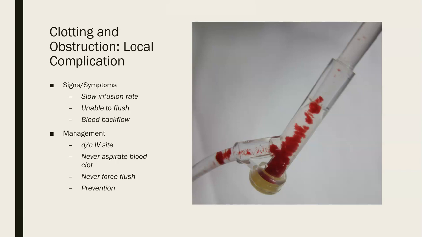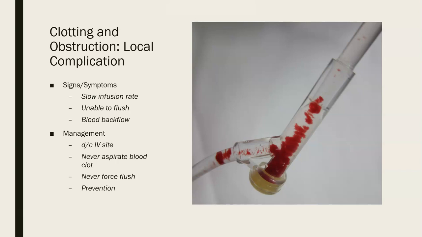So this means there's a clot somewhere, so the IV site is no longer good. We're going to discontinue the IV site. We're not going to try to pull out the blood clot, and we're never going to force flush because this is going to cause pushing clots into the bloodstream, and so we never want to do that.